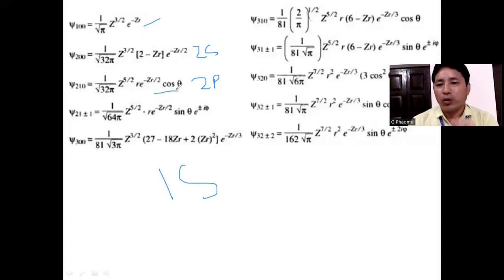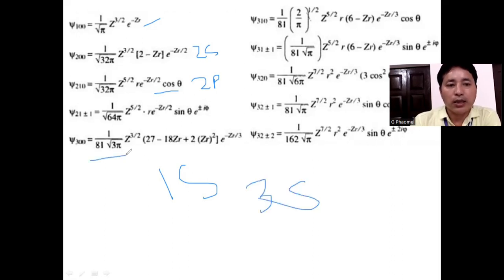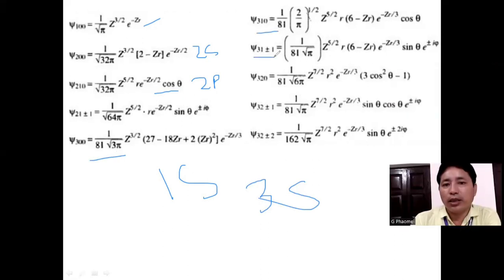So we have the wave functions according to the values of n, l, and m, which are the principal, azimuthal, and magnetic quantum numbers. At the same time, if we go for 3s, it is here, and 3p, it is here. And 3d, this one and this one, which is five.